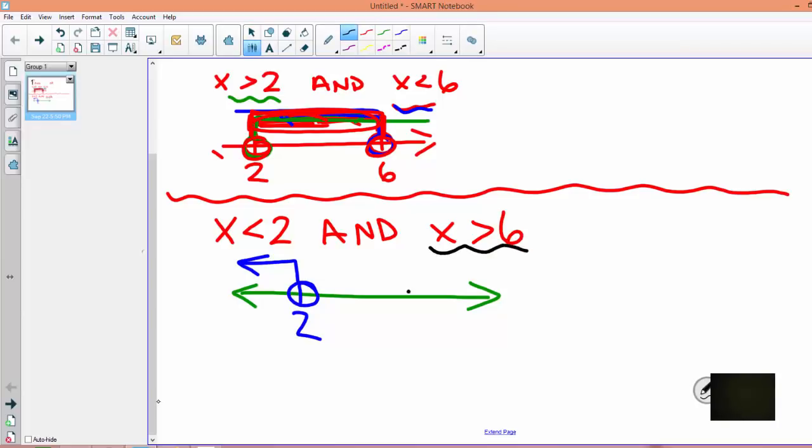At 6 goes an open circle with an arrow to the right. So looking at this inequality, where do the black and the blue overlap? Never. There's never a place where there is black and blue, where there's both of them overlapping. So this is no solution.